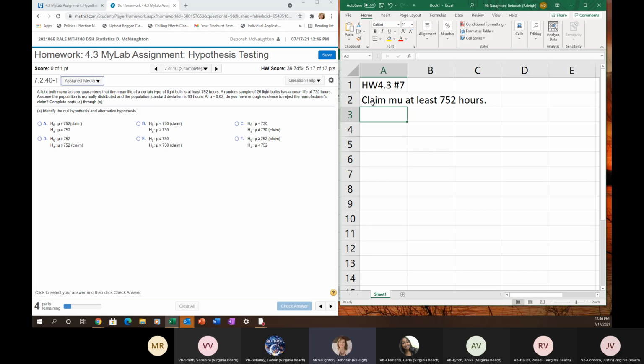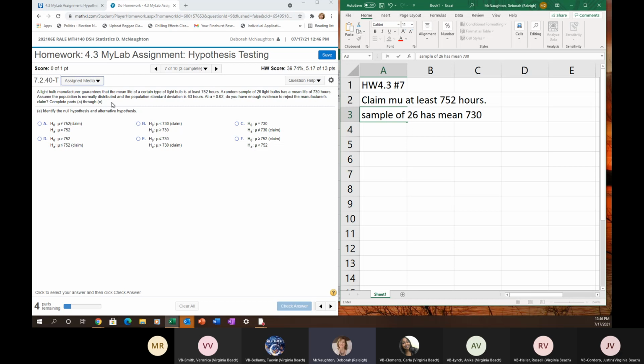So that tells me that a sample of 26 has a mean of 730 hours.